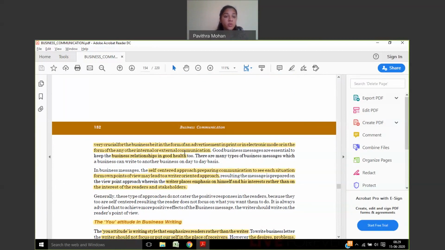It can either be within the organization through a memo, office orders, or office letters, or it can also be in the form of advertisements, publications, newspaper ads, whatever I send across. So business information is very, very important. It can be either internal communication or external communication as well.